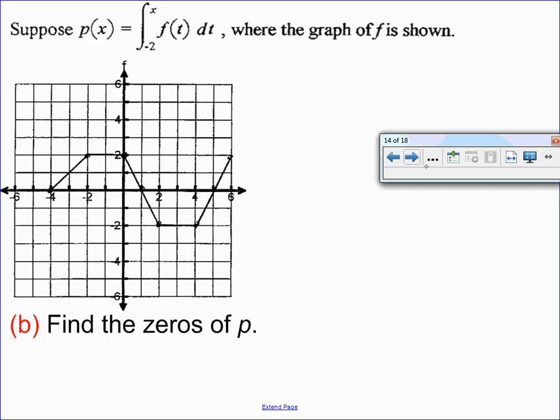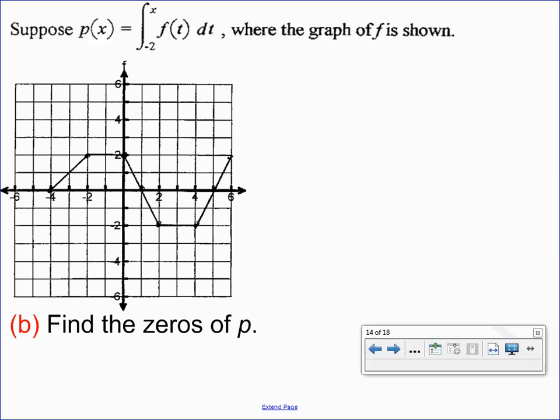B. Find the zeros of P. Well, P has zeros for sure when my upper limit is -2. How come? Because as I scan from -2 to -2, how much area can be accumulated? None, right? And so I've got a 0 of the function P when x equals -2, my lower limit. We saw that last unit as well.